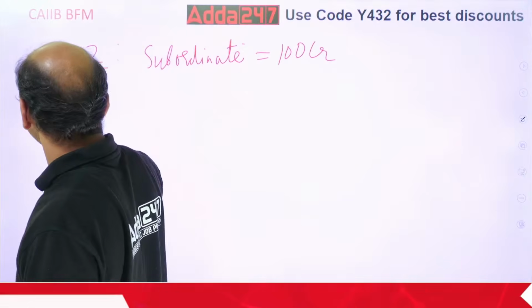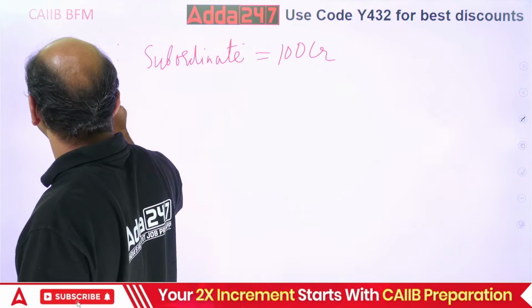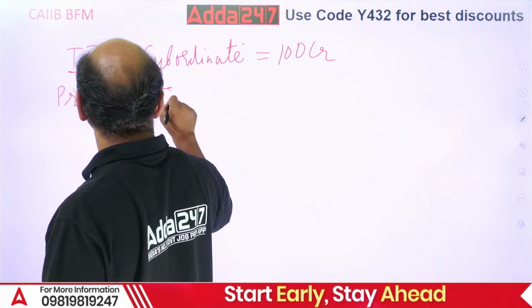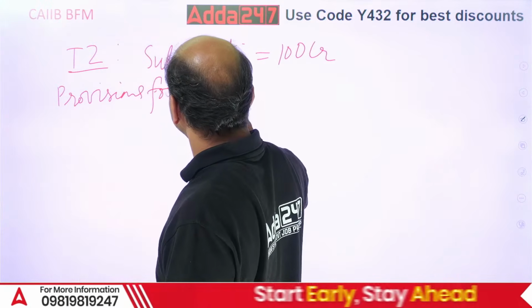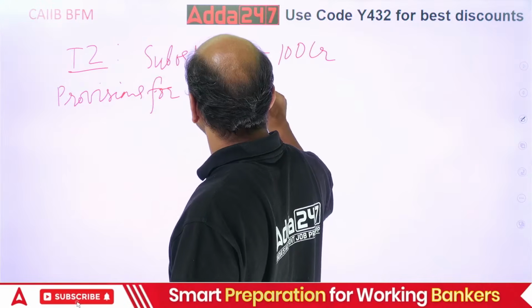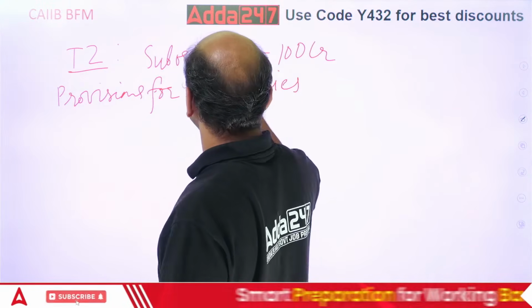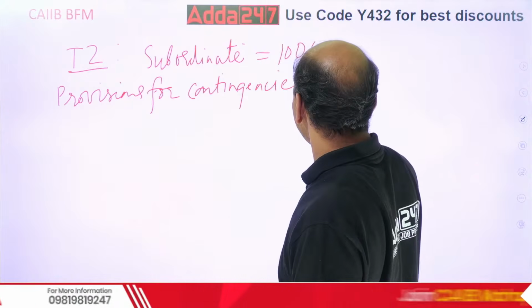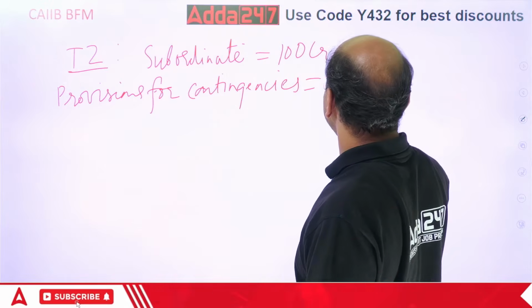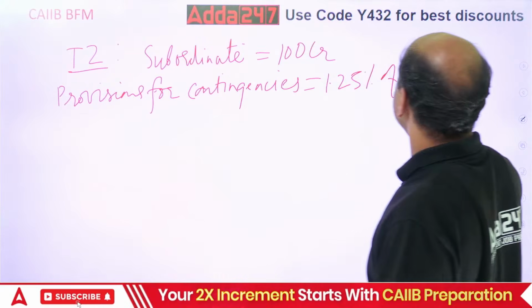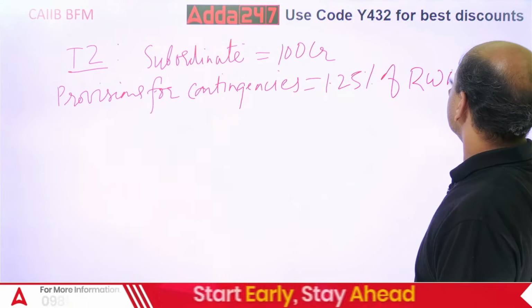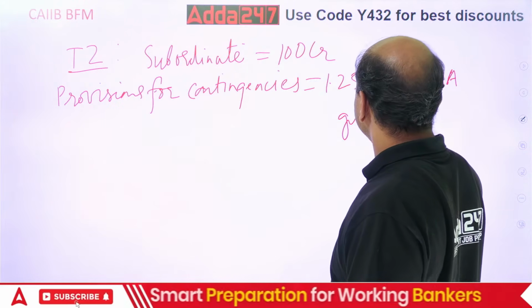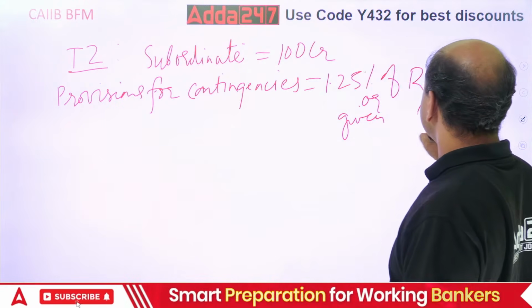Provisions for contingencies. How to solve this? The figure is what we discussed when we started this session: 1.25% of RWA or the given figure, whichever is higher.